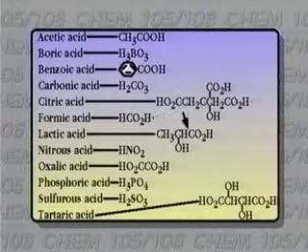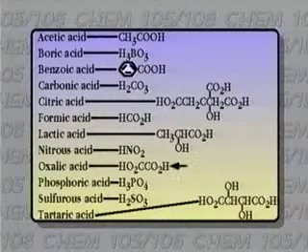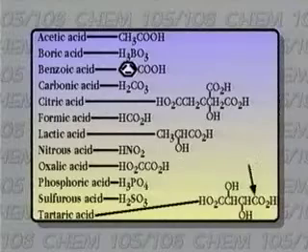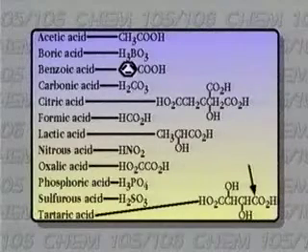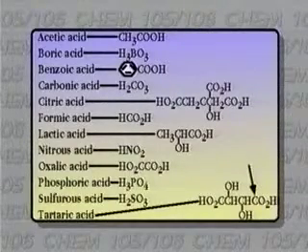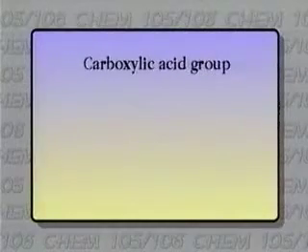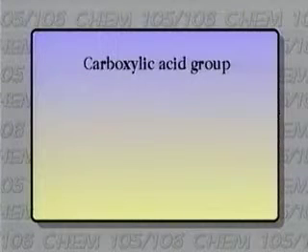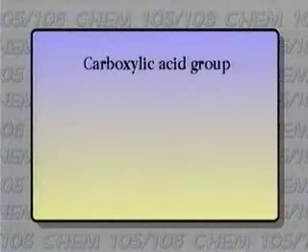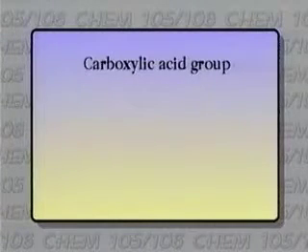This one has the COOH. Down here, COOH. All of these have that particular structure. And those are what we call the organic acids, or carboxylic acids. So this is a new organic group we're going to look at.